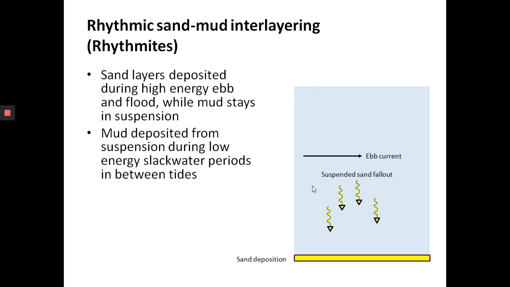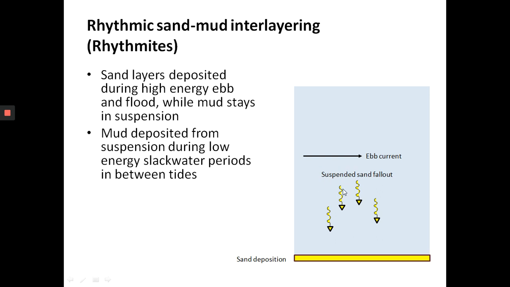In this case, you have a high energy ebb current moving from the land to the sea. Land is on the left here, sea is towards the right. So you have an ebb current moving here. Your water is actually moving downwards from high tide, even though it's getting shallower and shallower. Because you have an ebb current here, it is high energy. The only grains that fall down are coarser.